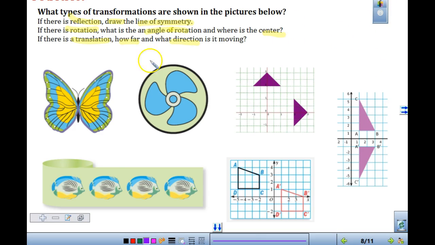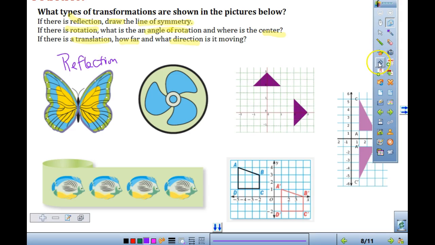So we are going to start off with the butterfly. If we are looking at the butterfly, would you say reflection, rotation, or translation, Cassie? Reflection. So you're going to write that down either above or below it. And now we need to draw a line of symmetry. Is there more than one line of symmetry for this one? There should be just one, and it should be the vertical.